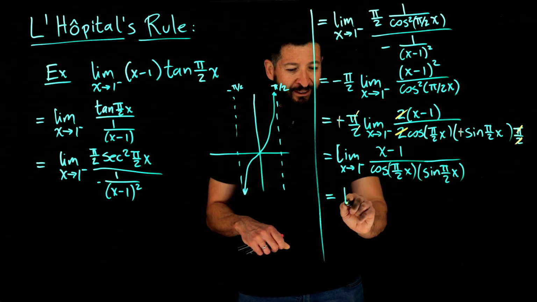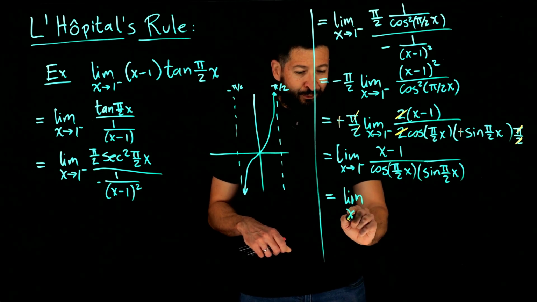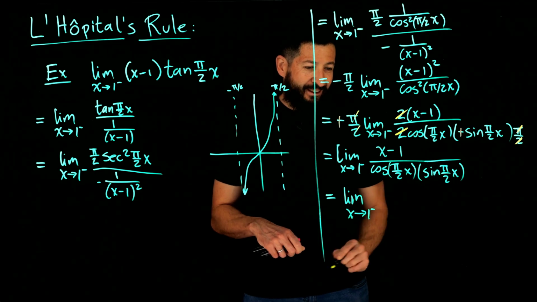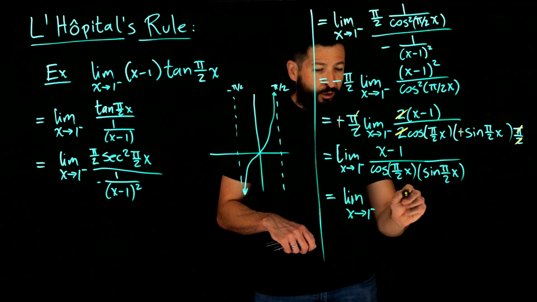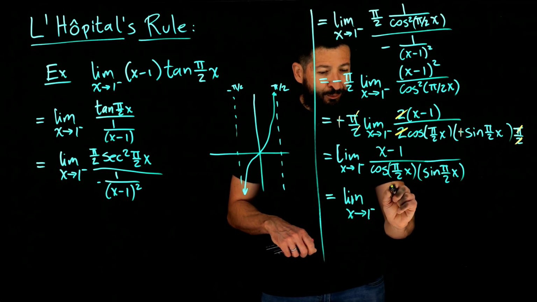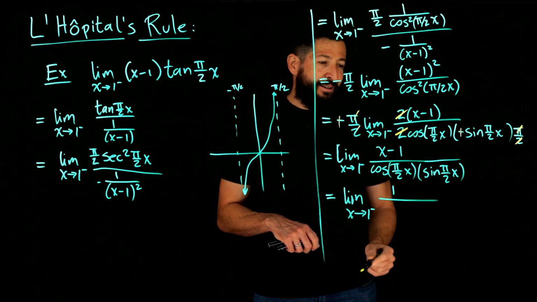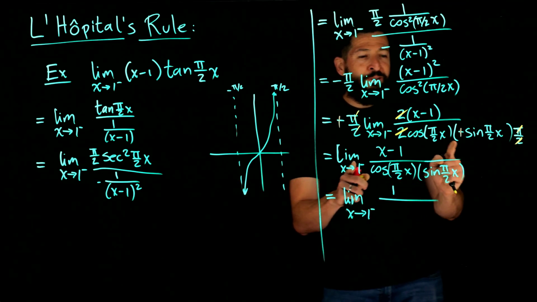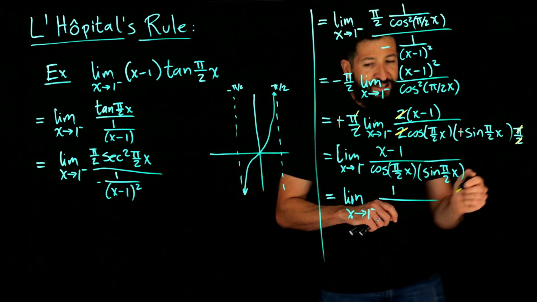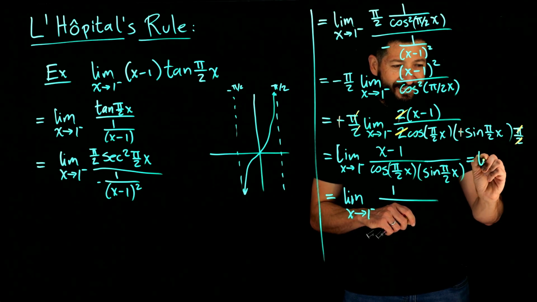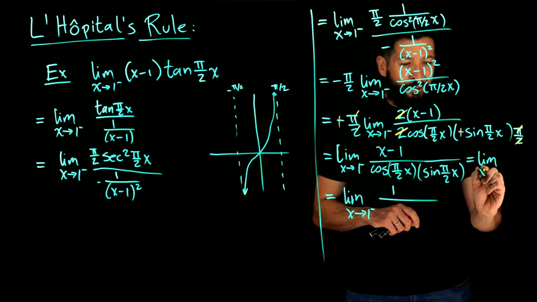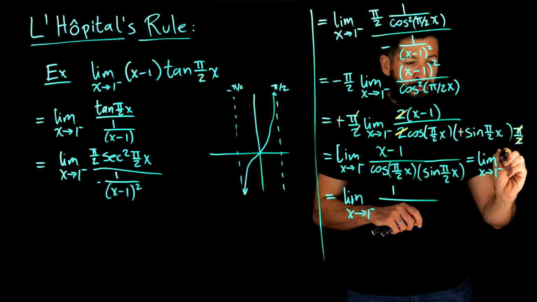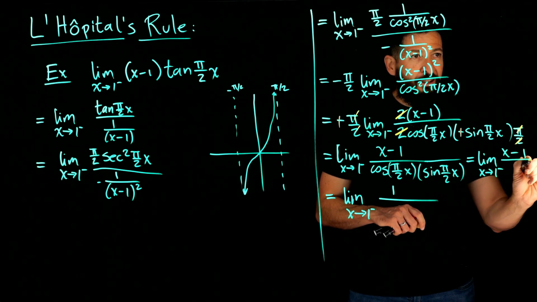Now this derivative here, limit as x goes to 1 from the left of the derivative of x minus 1 is 1. Now this one right here, you could take the derivative using the product rule, or you can cheat. I'm going to cheat because it's getting too long for this problem. What I'm going to do is rewrite that denominator.